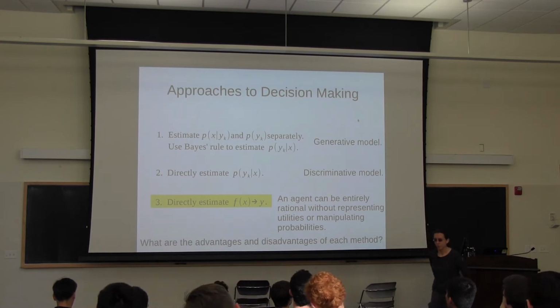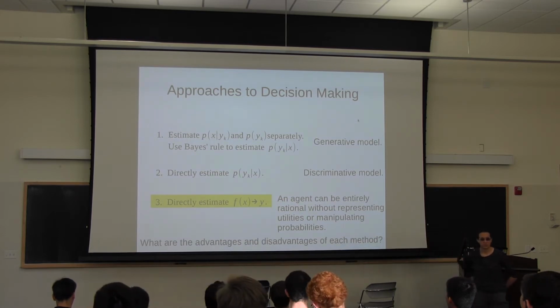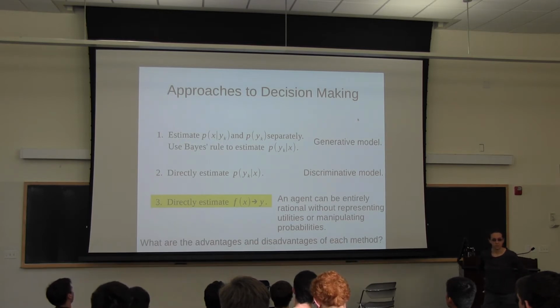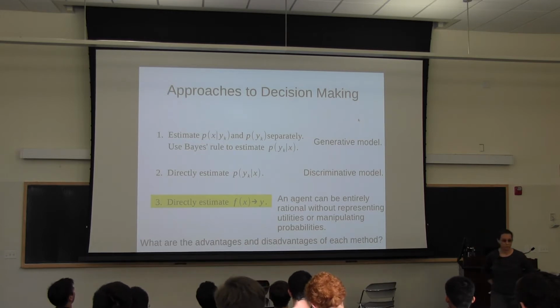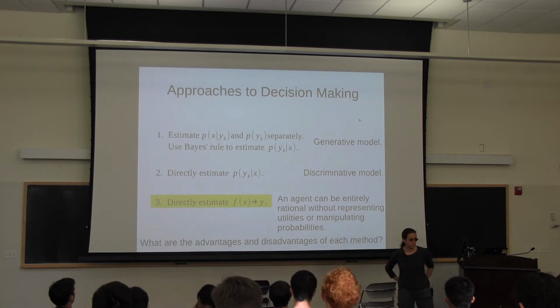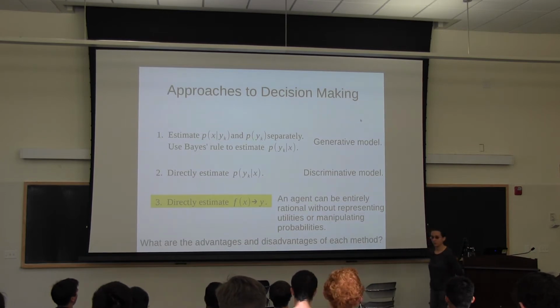So what's different about this approach compared to the first two? High level. What does it say that we're trying to do? We're trying to directly estimate f of x, some function f that takes as input x, my observation, and then outputs y, which is the class.